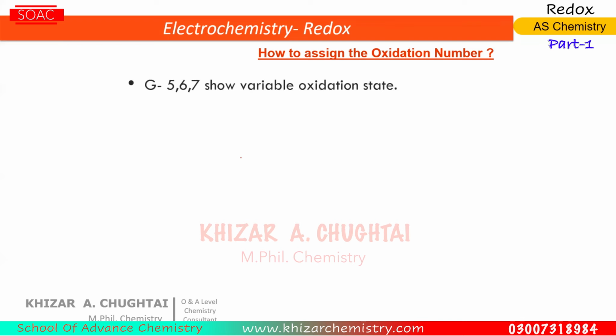Now, group 5, group 6 and group 7 elements also show variable oxidation state like transition elements. Group 5 basically goes from -3 to +5: -3, -2, -1, 0, +1, +2, +3 up to +5, because it has 5 electrons in the last shell.